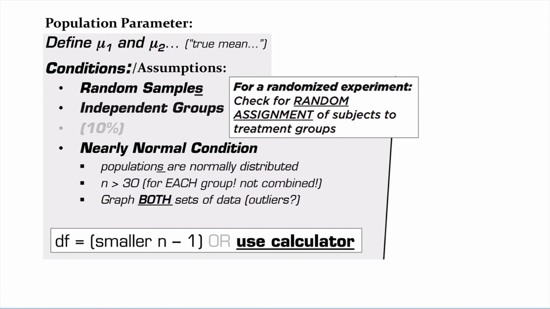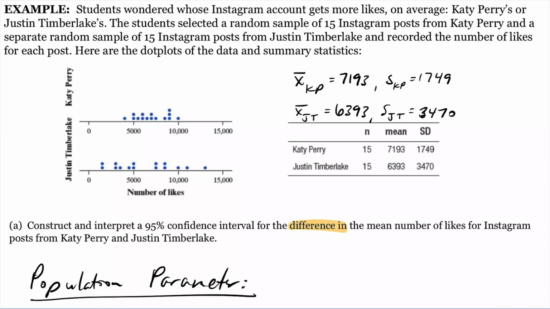It's over 30 for each group. Each group has to be over 30. Combined, it's 30, but it has to be for each group. Okay, not combined. B, our last one, graph both sets of data. Are there any outliers? Okay, so it looks like we're going to have to go with number 3. And luckily they've given us a graph. So let's go look at the graph to see what we see.